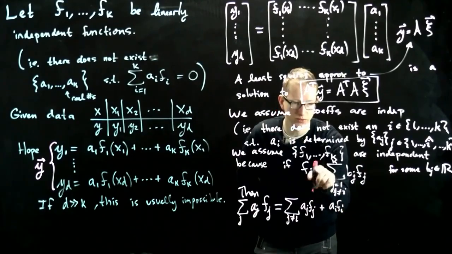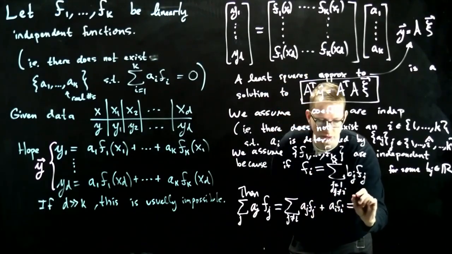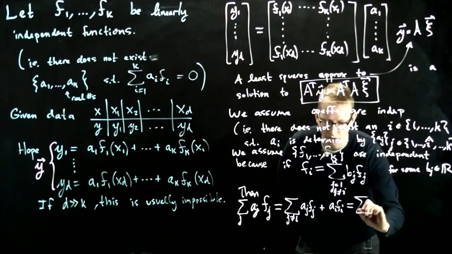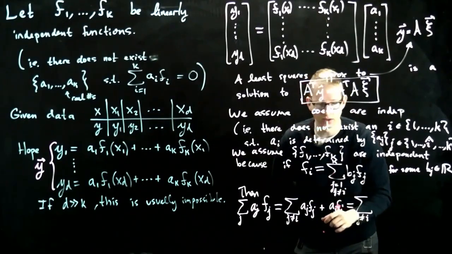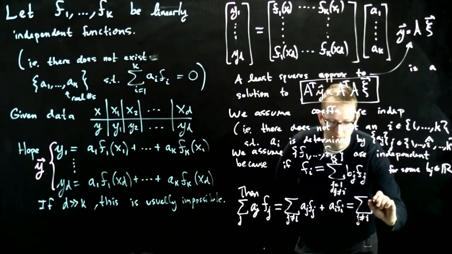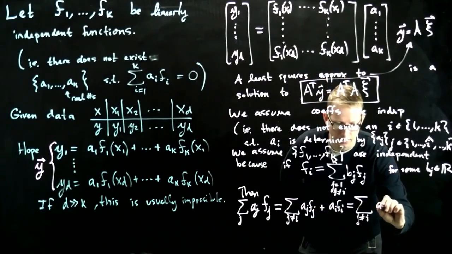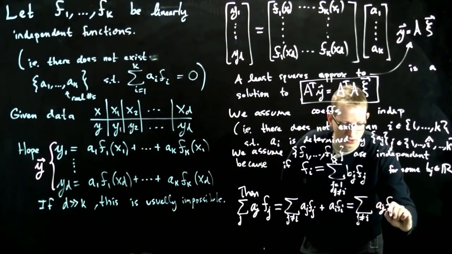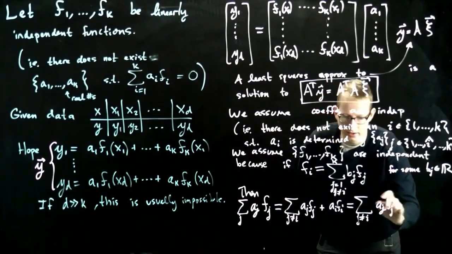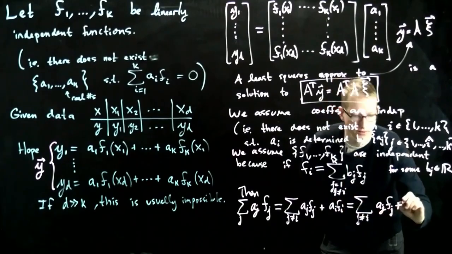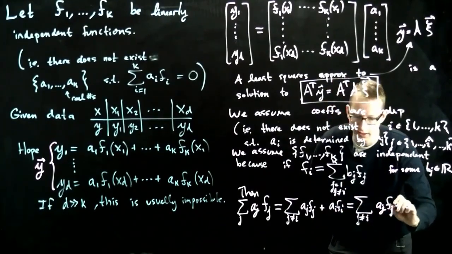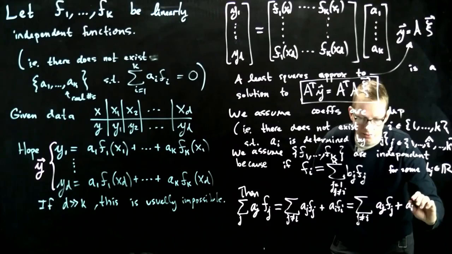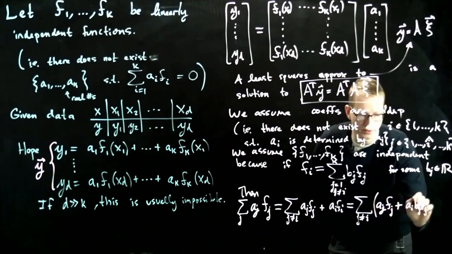But this term equals this. So this equals the sum over all j not equal to i of aj fj, I'm just copying this term, plus ai times the sum of bj fj, all in parentheses.